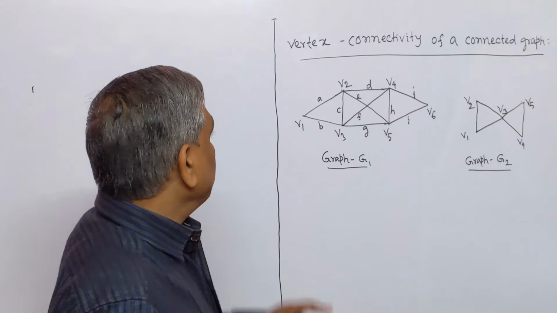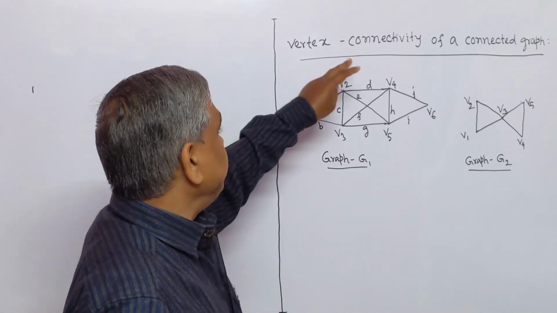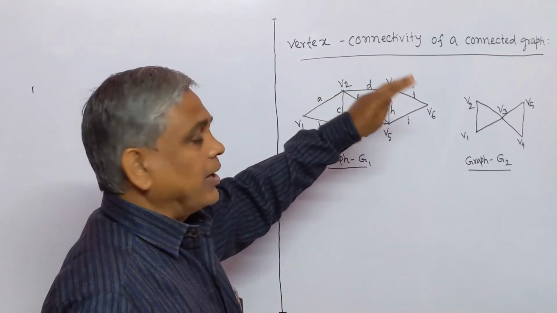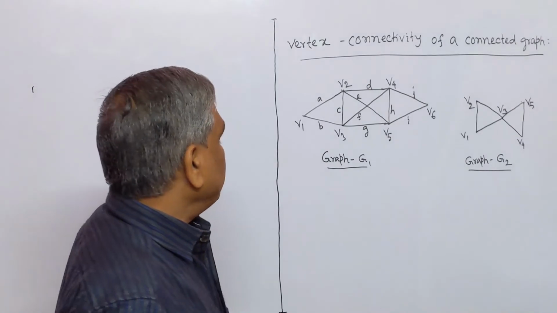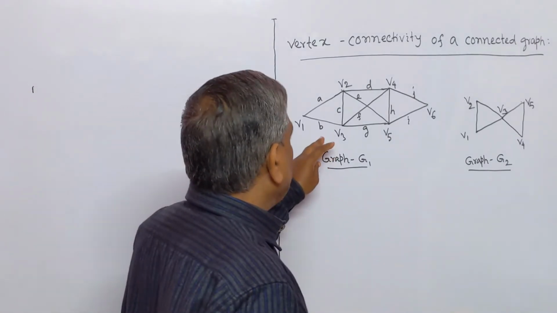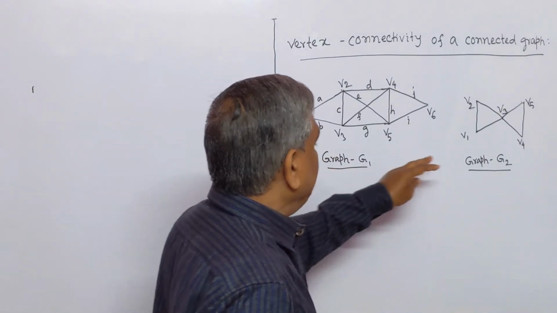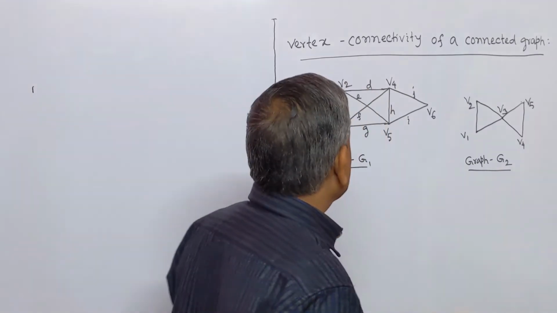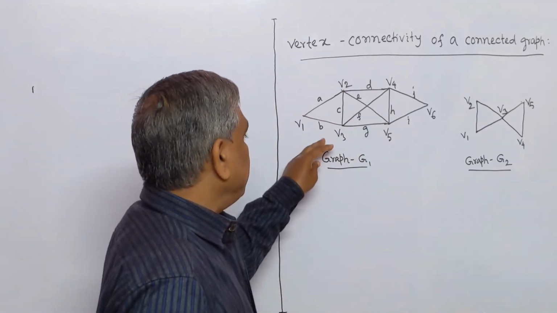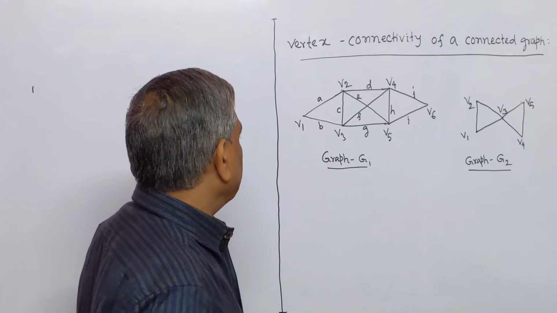Now, we want to know what is vertex connectivity of a connected graph. Let we have two graphs, here graph G1 and here graph G2. First, we speak about the graph G1.